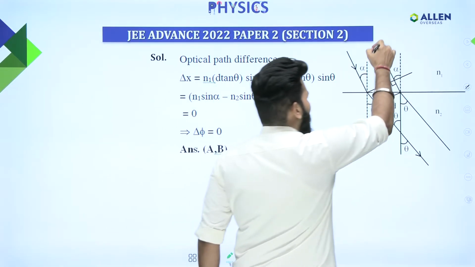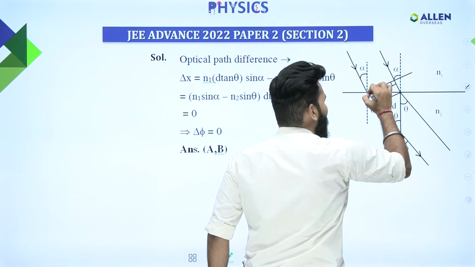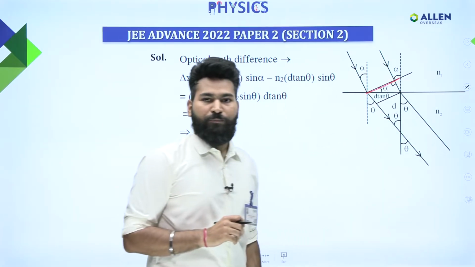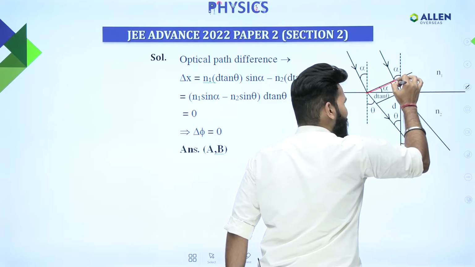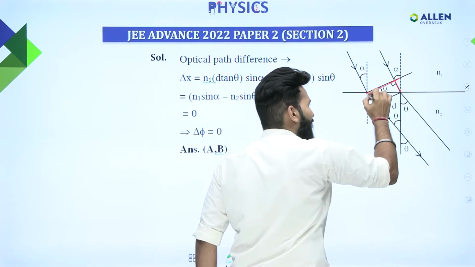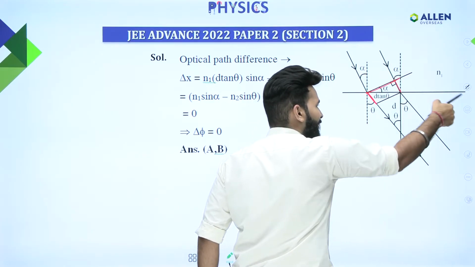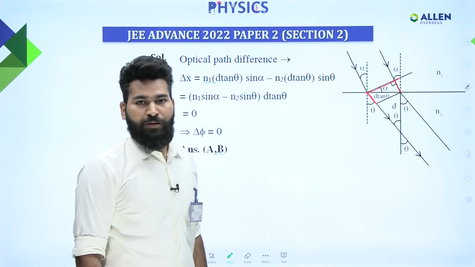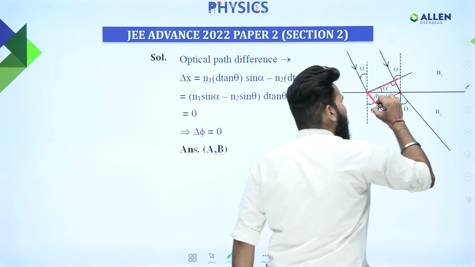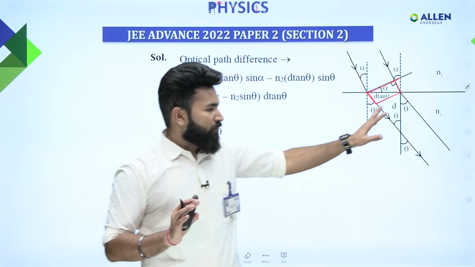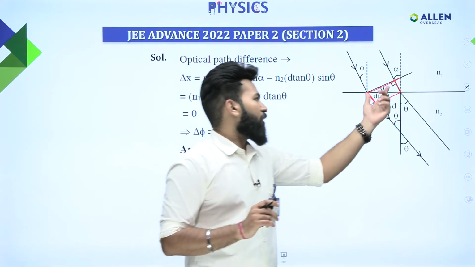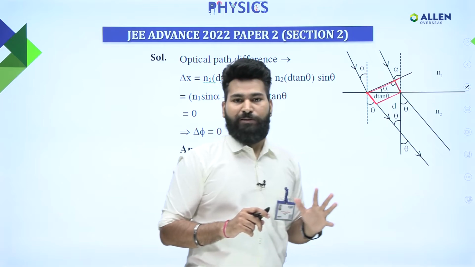This ray is coming like this, and till this point they were parallel to each other. But in the time this first ray covered this distance, this second ray has moved this much distance in the second medium. And after that they became parallel again. So whatever the phase difference between the rays is, it is all due to the difference in these paths.